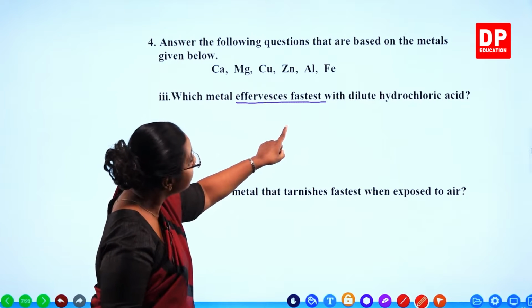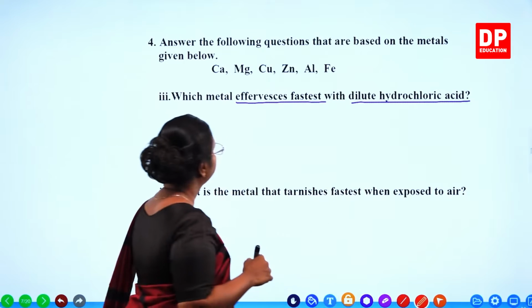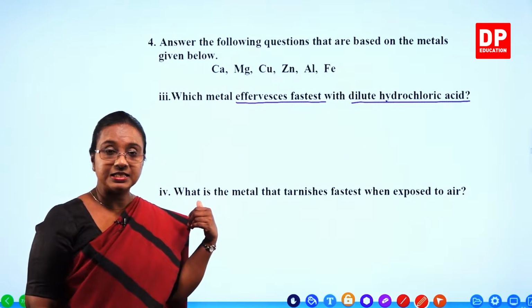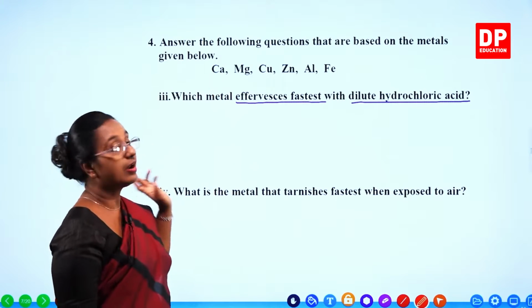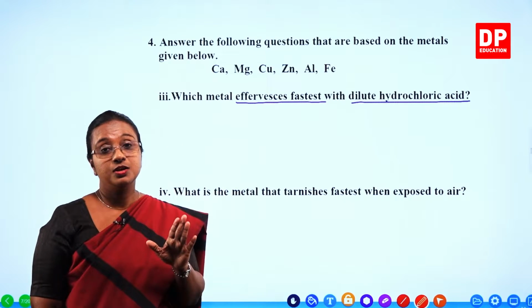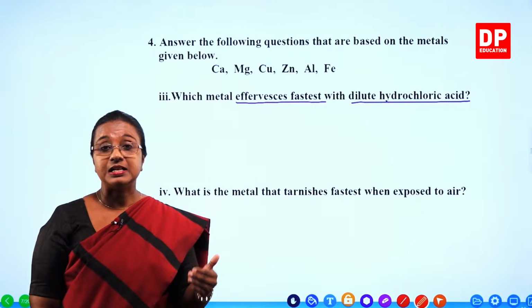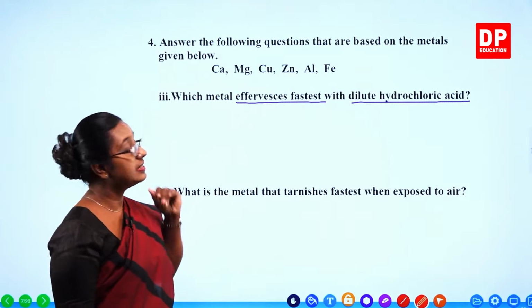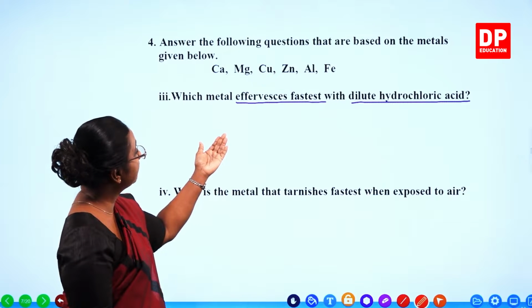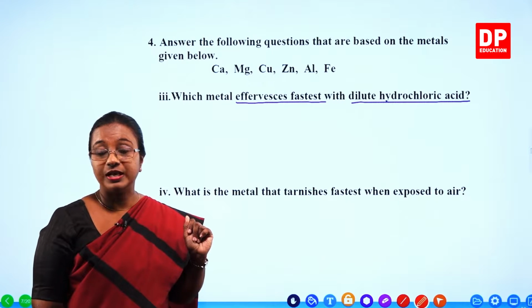We already discussed that we don't try calcium because it's very violent. So what do you all think? It will be the metal that evolves hydrogen very fast.